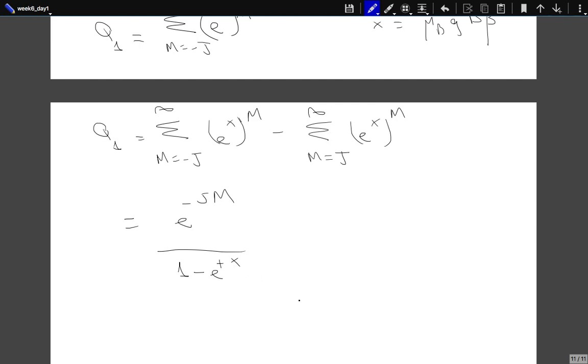Now 1 minus e to the power x. So when I take this out, it's just 1 plus e to the power x plus e to the power x squared, etc., and that is 1 over 1 minus whatever you are taking the powers. So minus e to the power x j over 1 minus e to the power x.